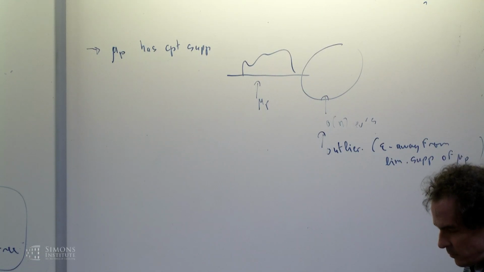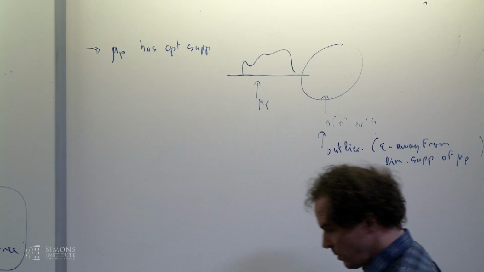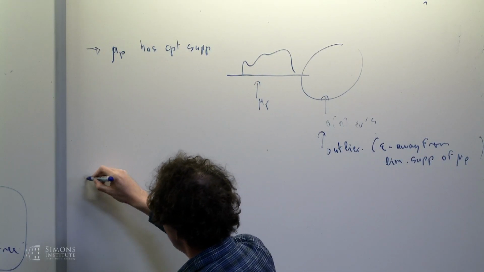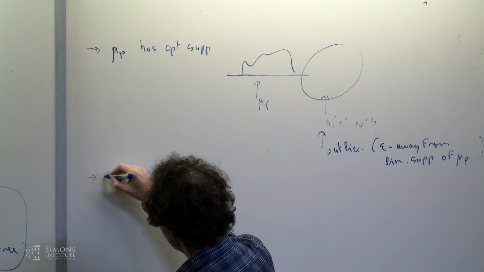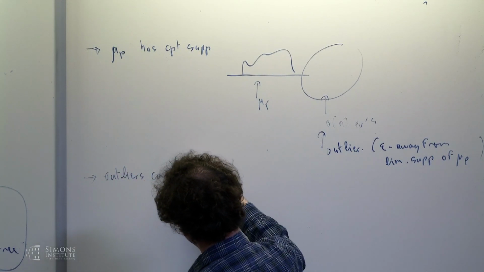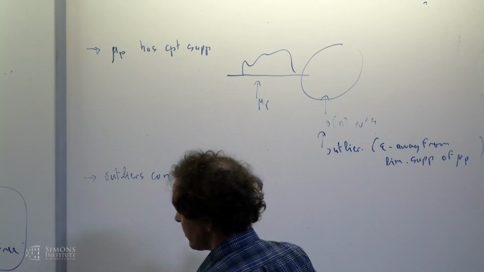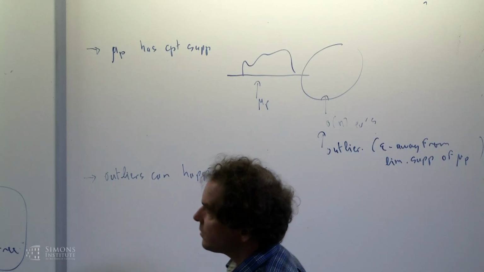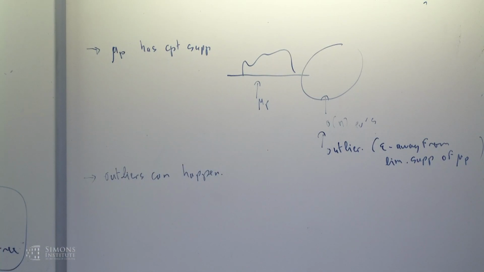Well, we can have outliers. Outliers can happen, of course. And the most canonical example is if I take a p which is not self-adjoint. That's all right.